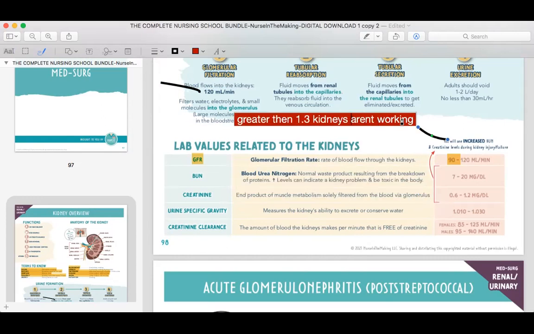For creatinine. Okay, urine specific gravity. You want to keep it between 1.003 and 1.030. The higher it is, the more, let me see. Oh, okay, just kidding.